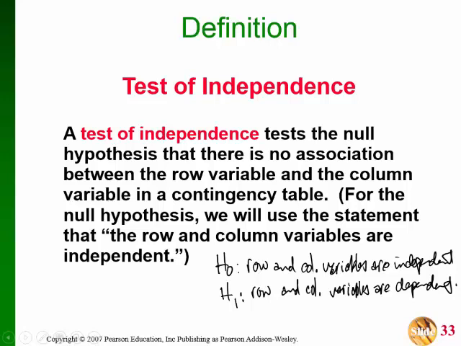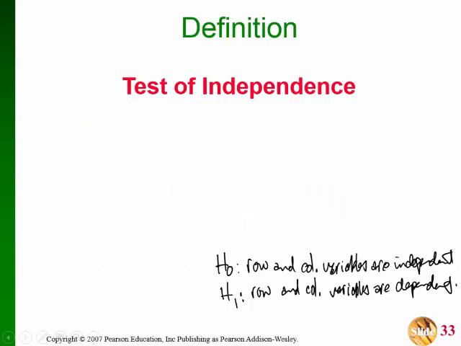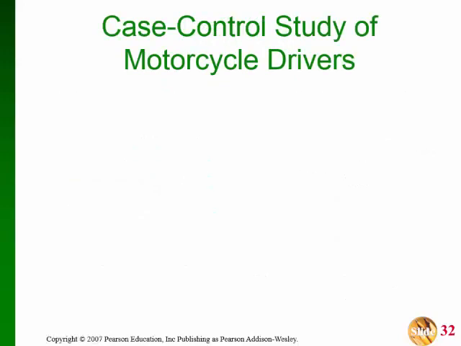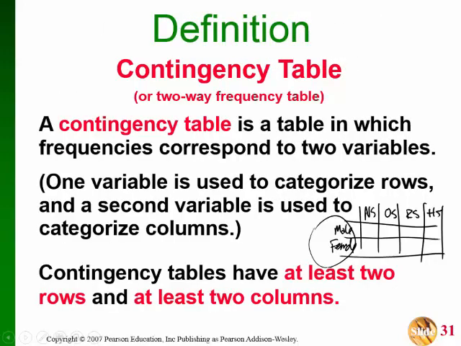Association? Association means dependence. One depends on the other. So whether somebody's a heavy smoker or a regular smoker or occasional smoker or non-smoker, does that depend on whether they're male or female?